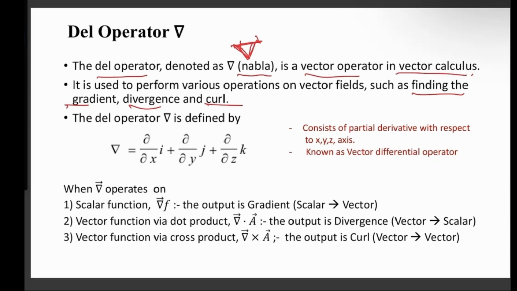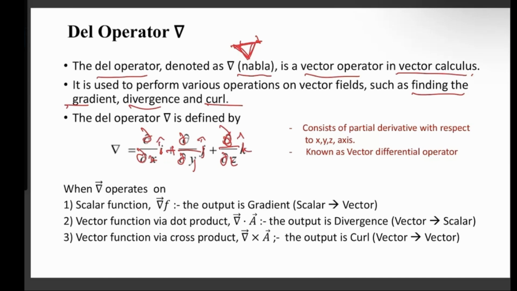The del operator is defined by d over dx i plus d over dy j plus d over dz k. These are the directions of the axes. In this case, we have i, j, k axes.